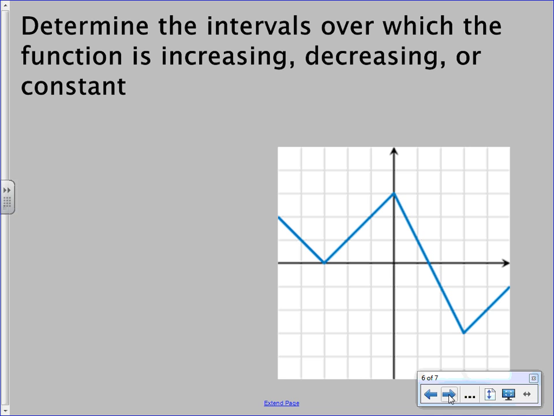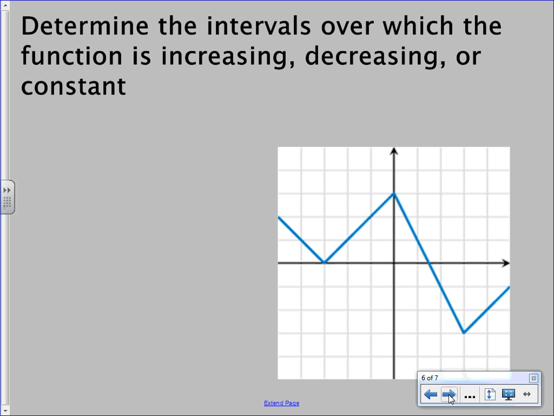Something else you're going to have to be able to do is tell me when a function is increasing or decreasing or constant. In what direction do we read? Left to right. That's how we are going to read our graphs.